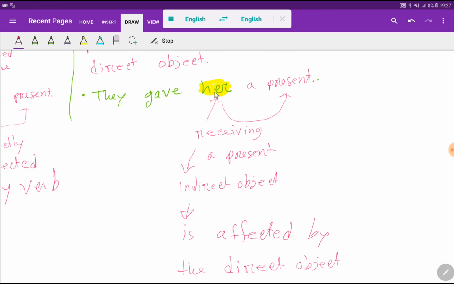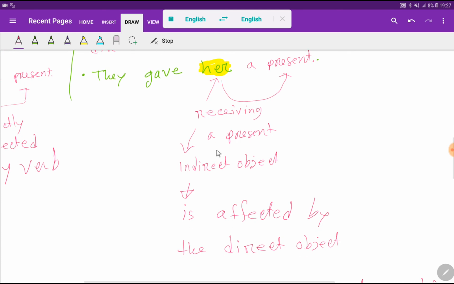Look, this indirect object is affected by the direct object. Look, this is the direct object. The direct object is affected by the verb directly, but the indirect object is affected by the direct object.